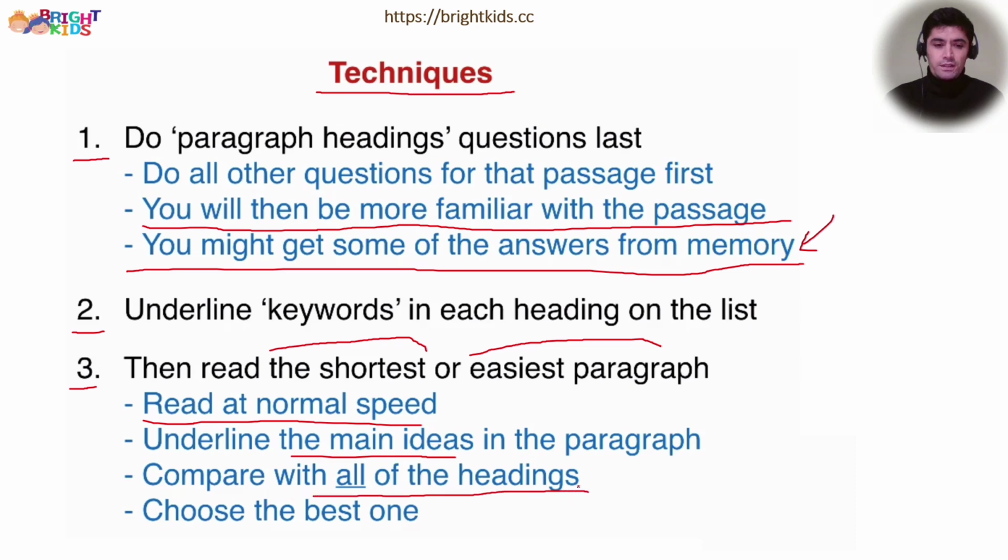Remember, you should compare it with all of the headings to not get confused, because some of the headings are tricky sometimes. They look similar. That's why it's better to compare the information in the paragraph with all the headings. And the last thing that you need to do is to choose the best one. Alright, now let's move on.